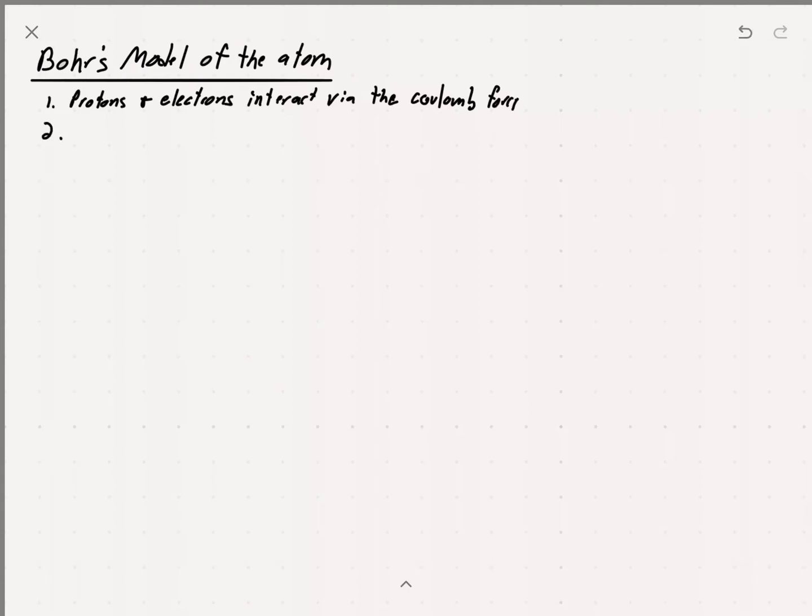Next one, orbits. Certain orbits are stationary states.